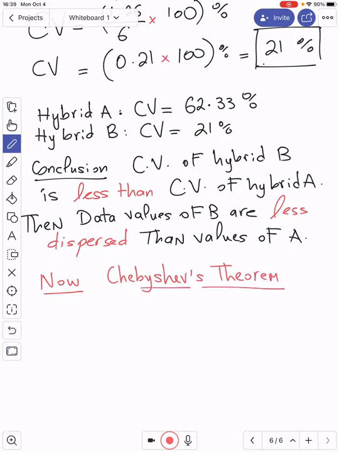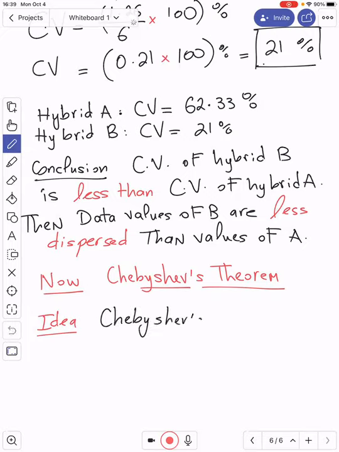Okay, so what's this Chebyshev's theorem? Well, Chebyshev's theorem actually gives you the proportion of data that must lie within a certain number of standard deviations from the mean. Okay, so the idea is the following.